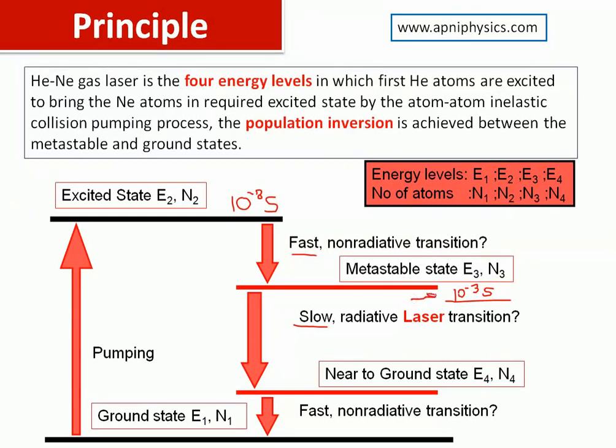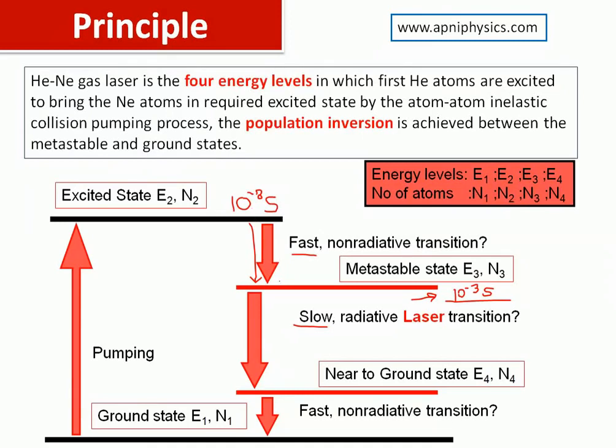So you can imagine that the atoms which lie in the excited state immediately jump into this particular state. So the transition will be fast as compared to the transition from this state to the E4 state, because the lifetime is longer as compared to the excited state.